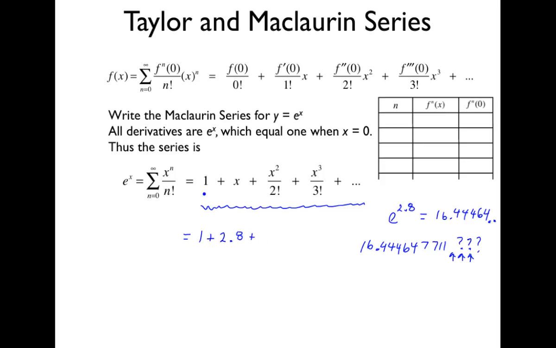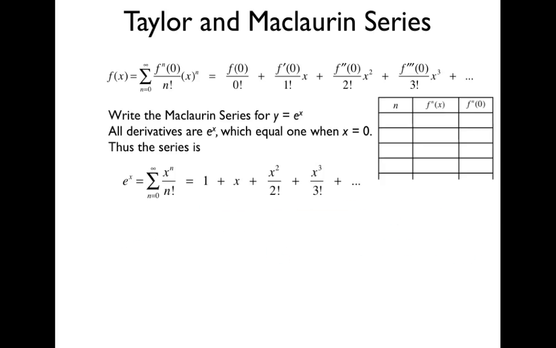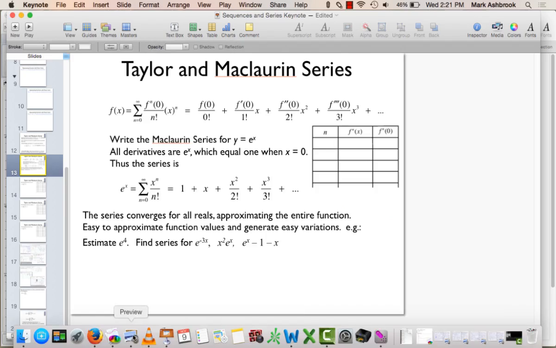So if e to the x is this, then e to the 2.8 is 1 plus 2.8 plus 2.8 squared, etc. So let's see that happening here. 1 plus 2.8, what does that equal? 3.8 plus 2.8 squared divided by 2 plus 2.8 cubed divided by 3 factorial.